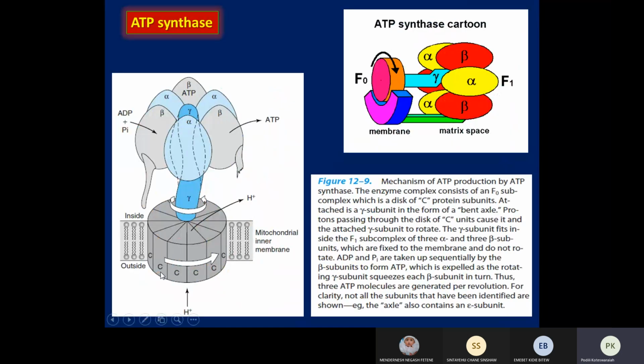You can also see here, as the protons are moving, the rotor rotates, and that brings a conformational change in the beta subunit of the stator, and as a result, the ADP is converted into the ATP. So that's what takes place.